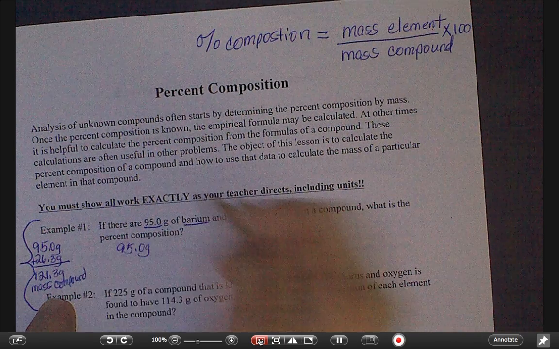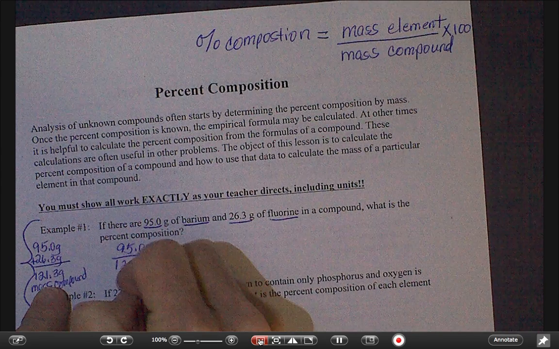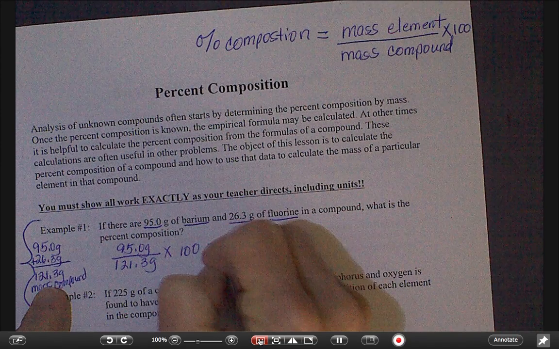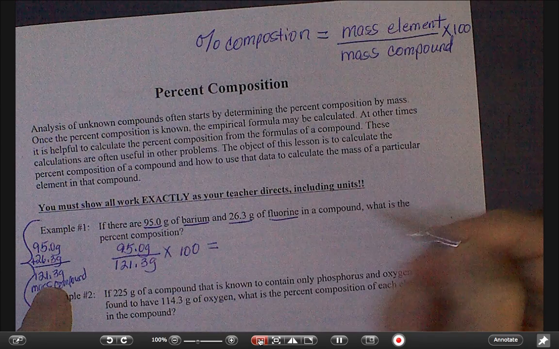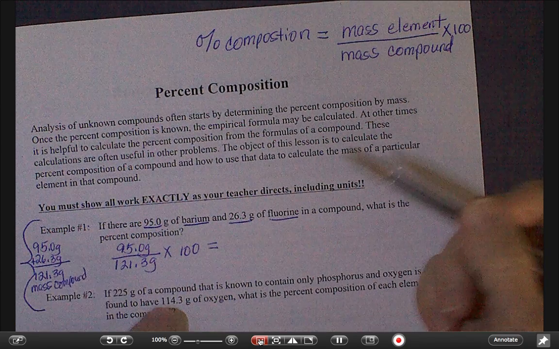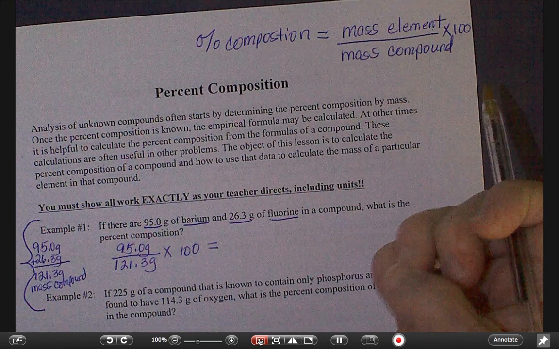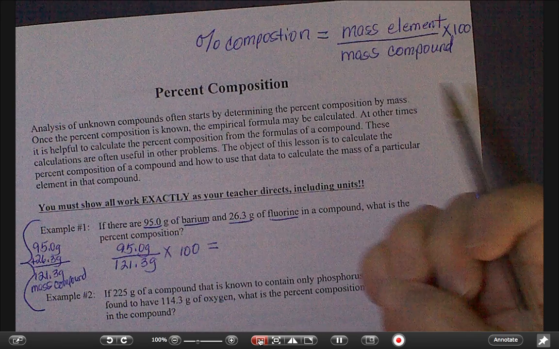So we've got 95.0 grams divided by 121.3 grams. It ends up being something like 78.3182. I debated as I worked this out yesterday on using significant figures, but I decided not to do that.